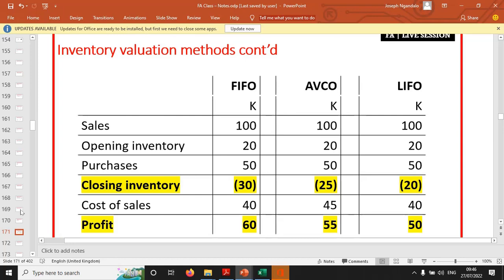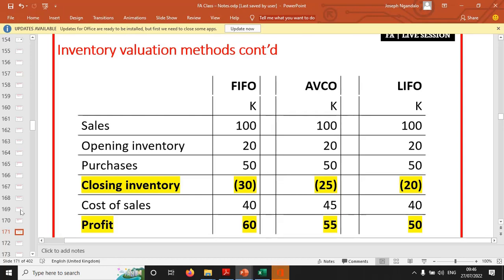Now, notice that if you do that, what will be happening is this. When you have got a higher closing inventory, the cost of sales reduces. Did you hear that? When your expenses reduce, what happens to your profits? Is it explained now? Let's go to the extreme.